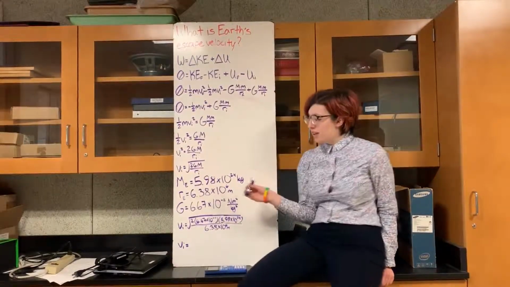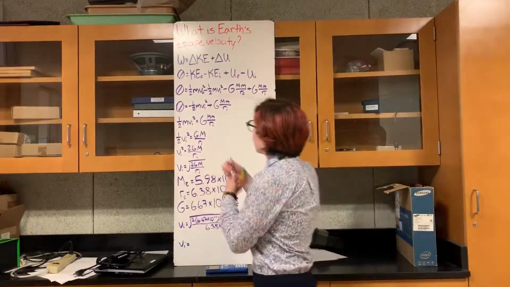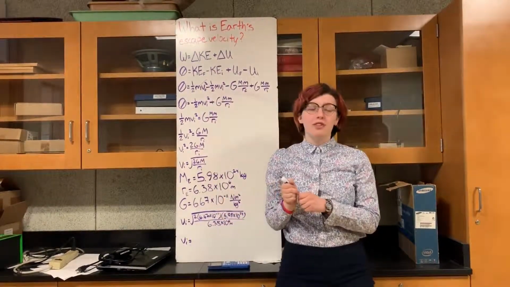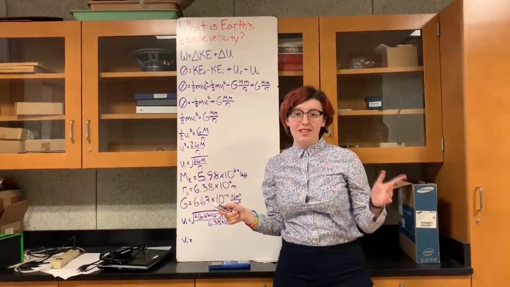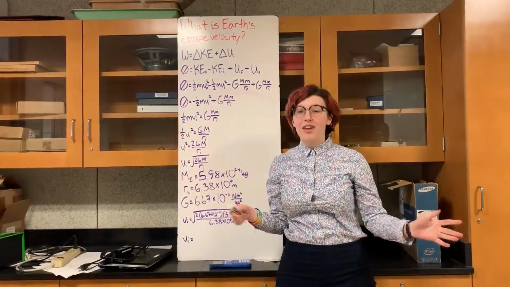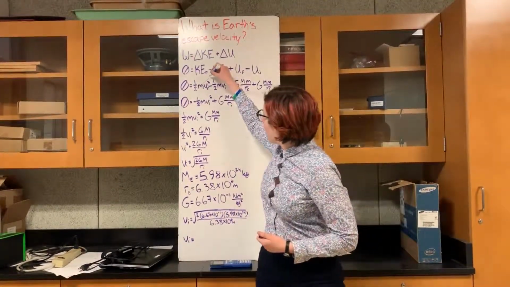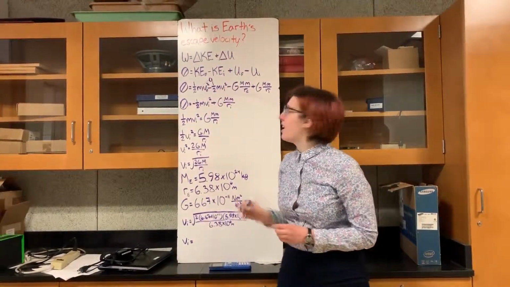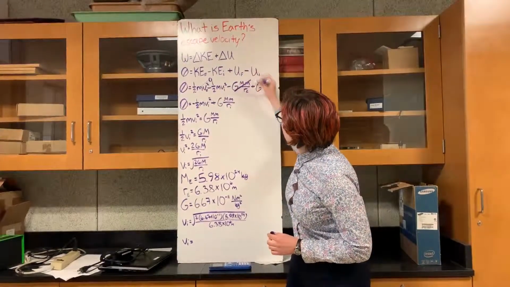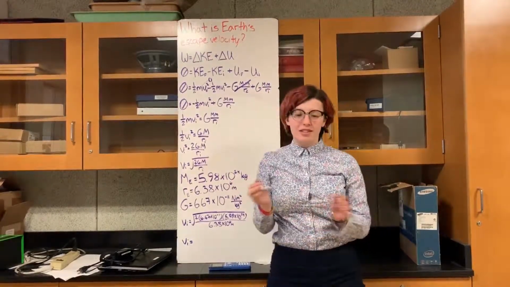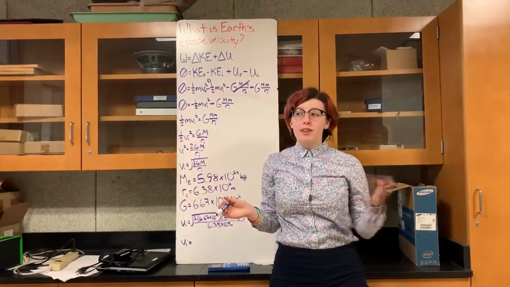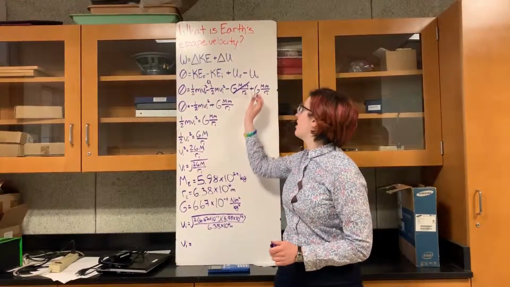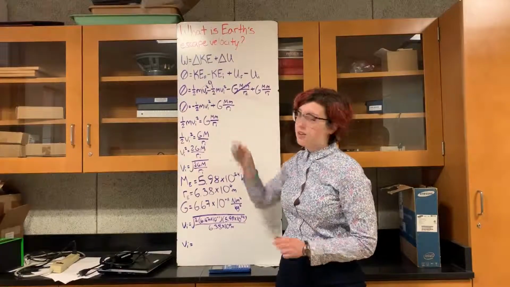Then we can cross out two of these terms. We can cross out the final kinetic energy because we don't care what the velocity is after it escapes the Earth, so it can just be 0. And the final radius is infinite since it's away from the Earth, so that whole term approaches 0.